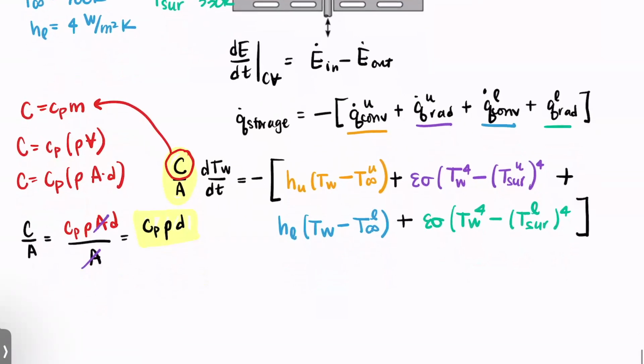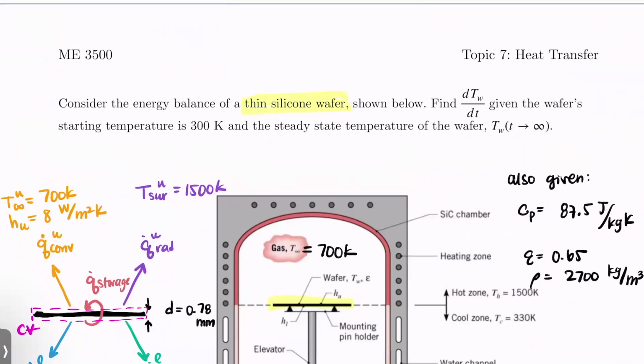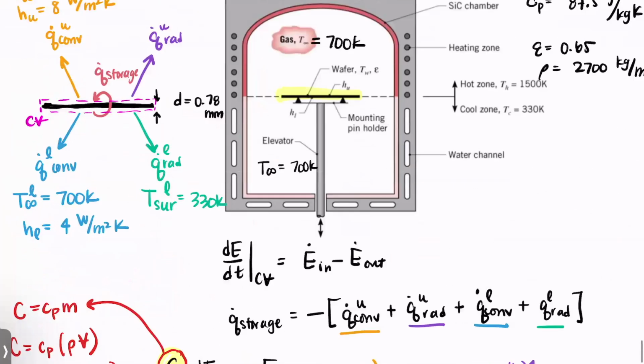So we have all of the values given to us already. And the first thing we want to find is dTW dt at TW equals 300K, right? So that was the first question. Find dTW dt given the wafer's starting temperature is 300K. So we're going to do that now.